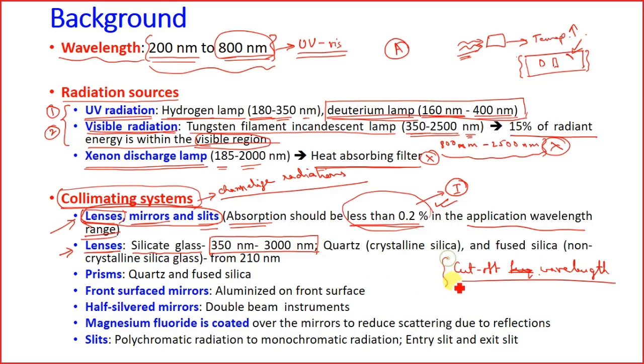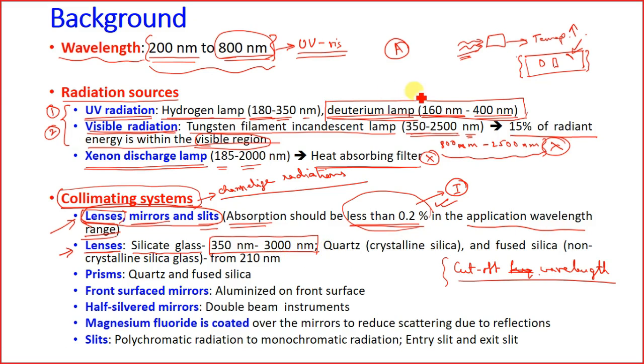So what is this cutoff wavelength? Cutoff wavelengths are the limits of the optical systems within which we can use the collimating systems, including the lenses. So when I say that I have silicate glasses with cutoff wavelengths of 350 nm and 3000 nm, that means I can only use this silicate glass within the region of 350 nm to 3000 nm.